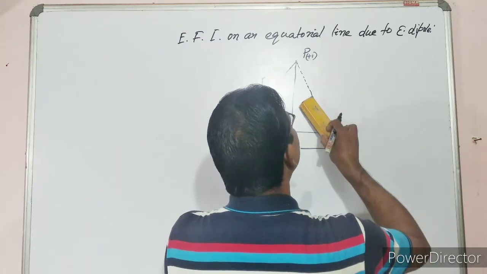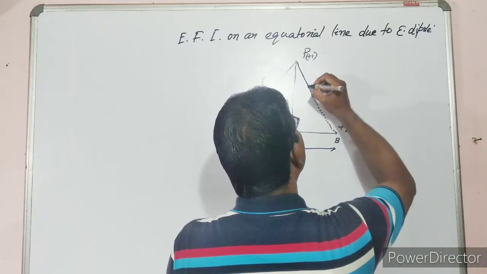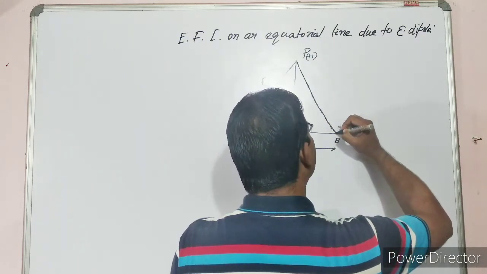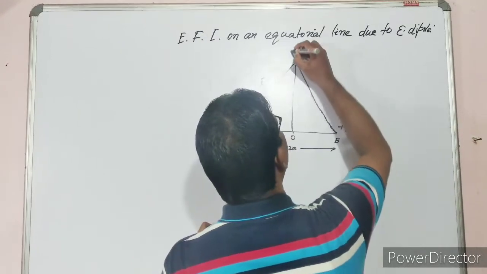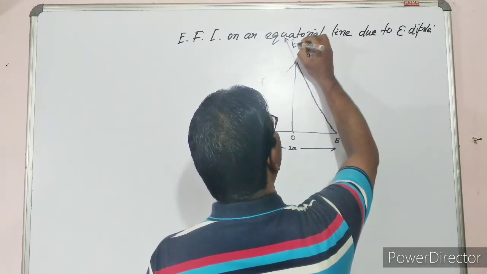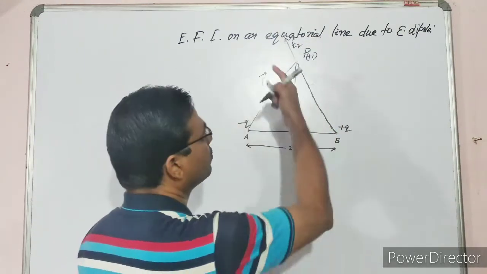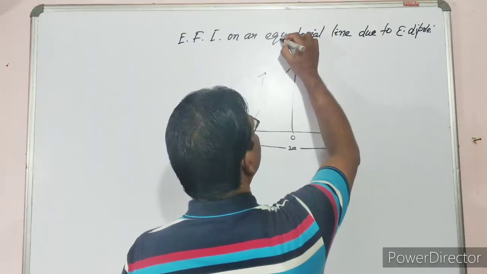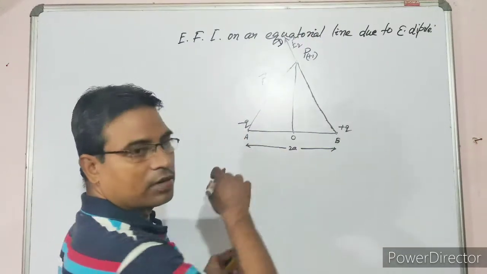As it is a positive charge, the electric field is radially outward. Suppose it is E2. Understand? These are the electric field vectors. Suppose this one is C, it is D.